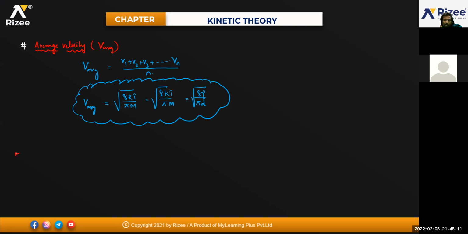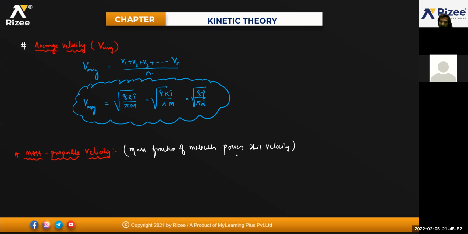The next one is about the most probable velocity. Most probable velocity means the maximum fraction of molecules possess this velocity, so the number is larger.